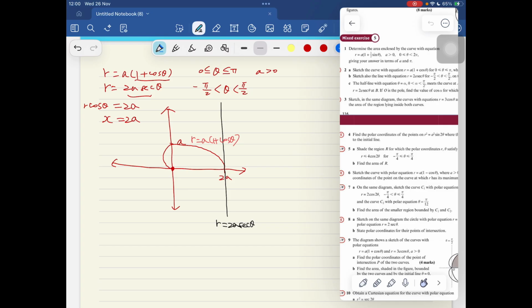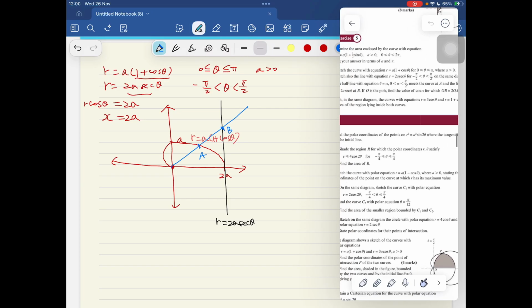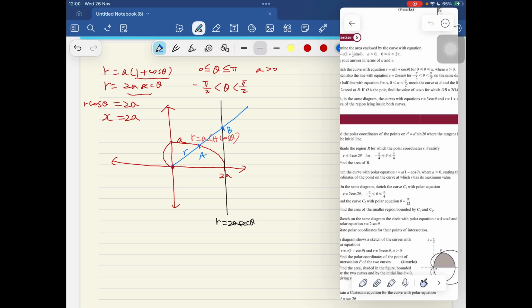Let's draw the half line here, meeting the curves at A and B. As I remember, OB is 2 OA. So this is r, and this is 2r. The coordinate of A is (r, theta), because this is the same theta, and B is (2r, theta).